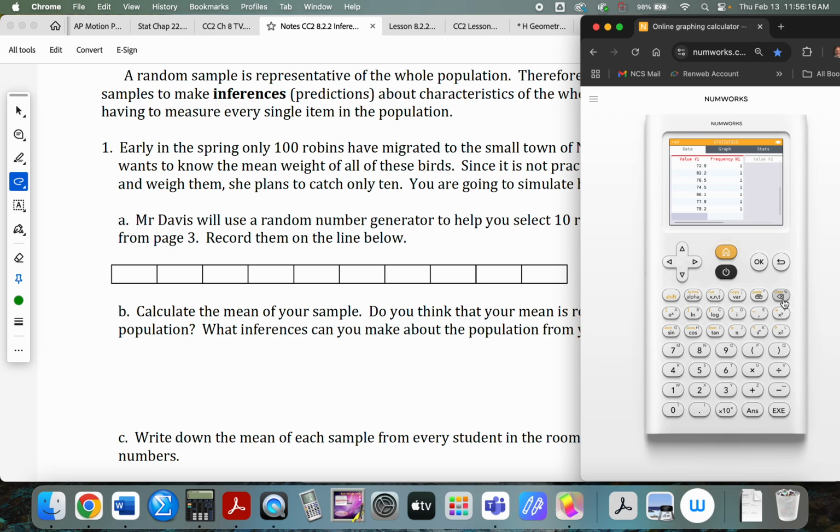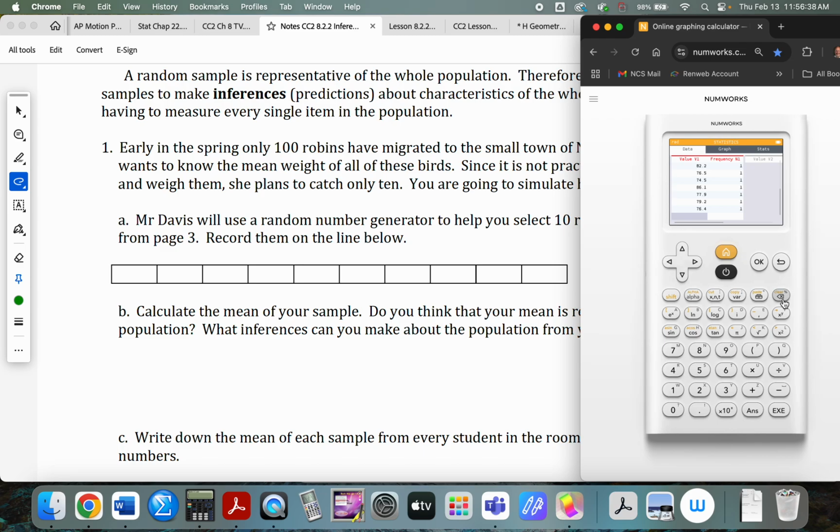Is there anybody we don't have yet? Is that everybody? No. Okay. Sammy, what was your first one? 76.4. That should be enough. I know not everybody has both, but that's okay.